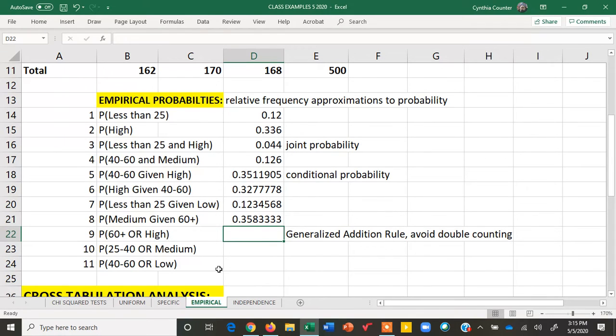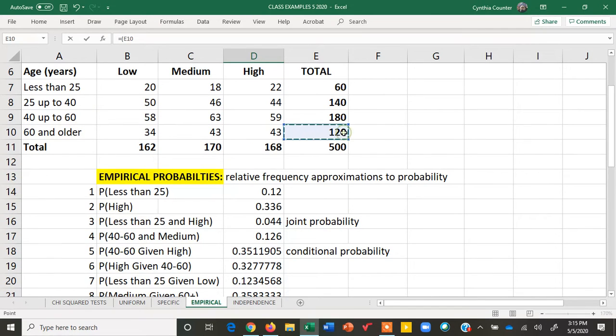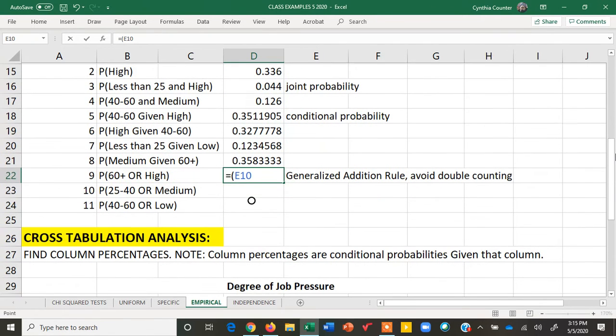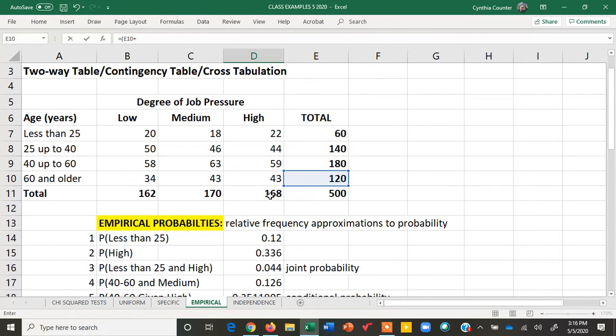60 or high. So let's see, how many of them were in the 60 plus category? Well, 60 plus, there's 120 individuals. We can add to that the number in the high category. How many in the high category? 168. So we've added these two totals. But notice in doing so, this number 43 that is in both the 60 and older row and the high column was included twice.